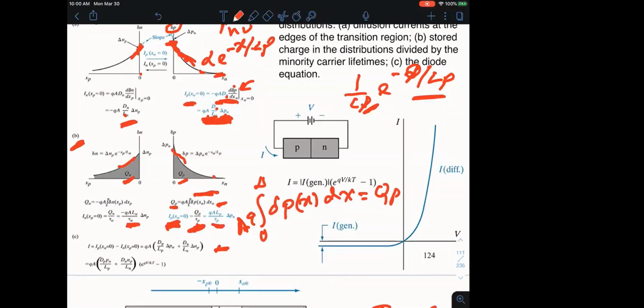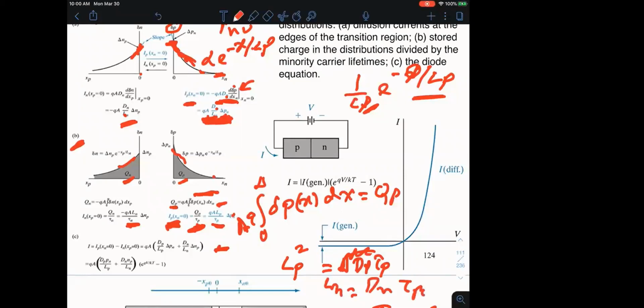Okay, and I want you to prove that to yourself by realizing that Lp equals square root of Dp times tau p, or Lp square equals Dp times tau p. Similarly, Ln square equals Dn times tau n. Okay, so look at these two expressions.